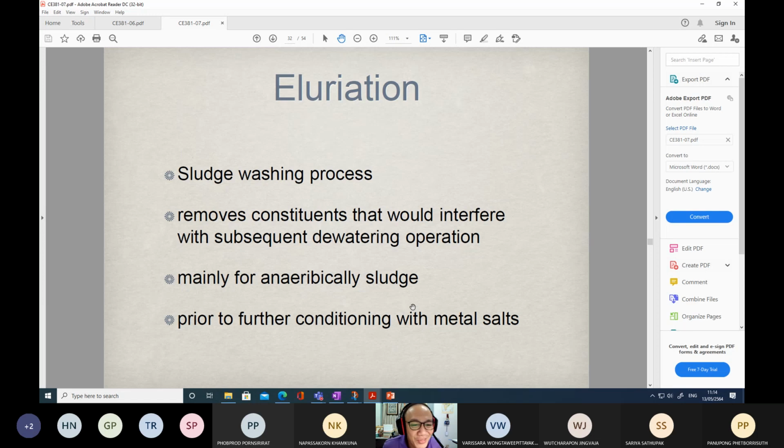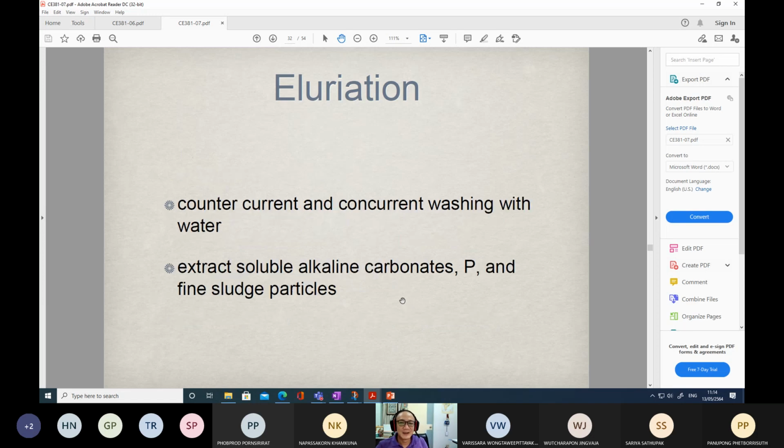The same as with the heat treatment, this process generates wastewater, so we have to put the water used in this process into the treatment plant again.